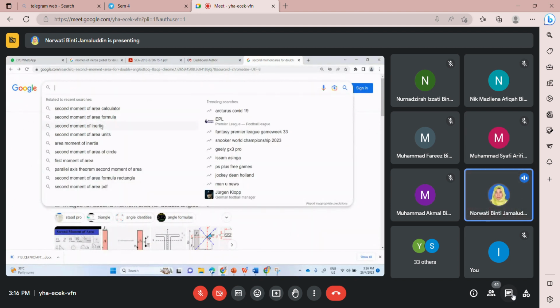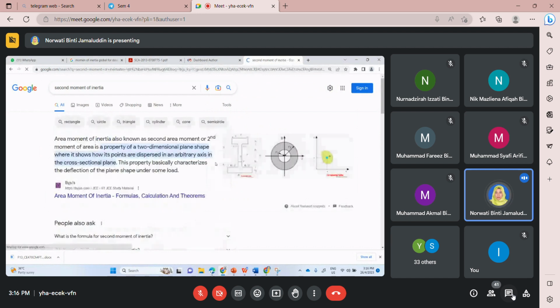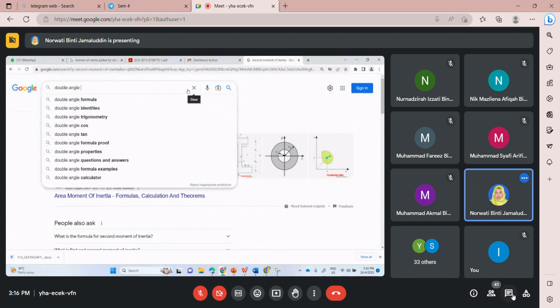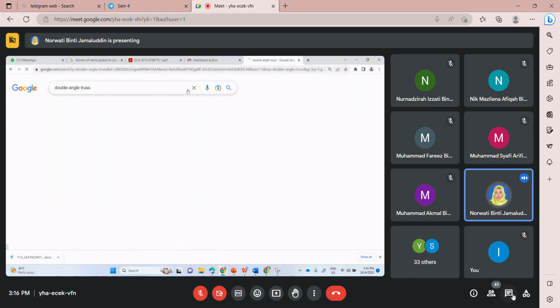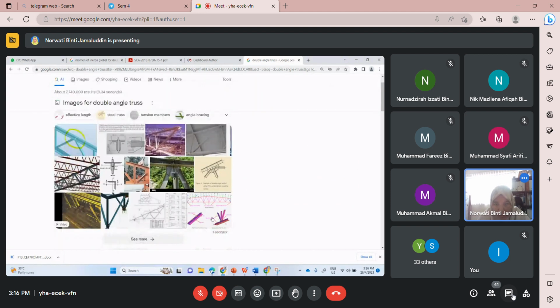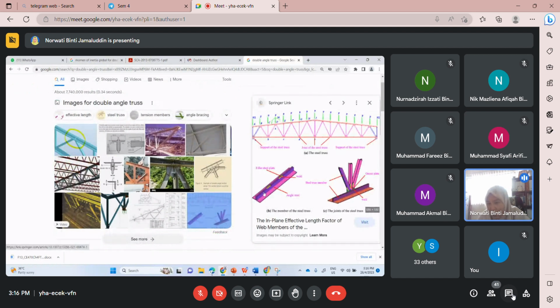Second moment of area of inertia. Not this one. Double angle plus. Okay, maybe this is the best. See? Maybe this is the arrangement. Nampak? See? L here in this direction. Ini, like this. This one.